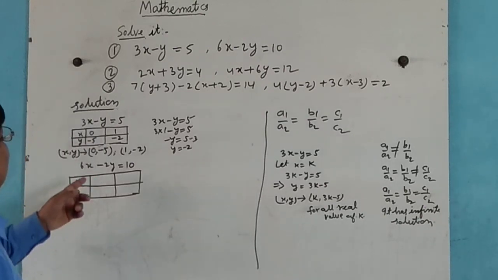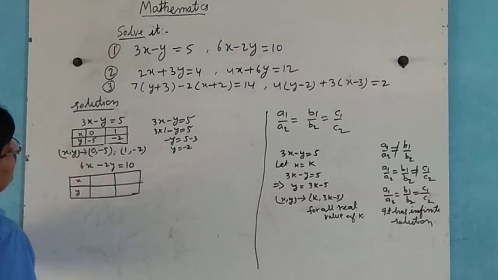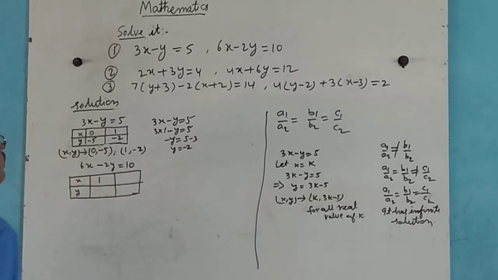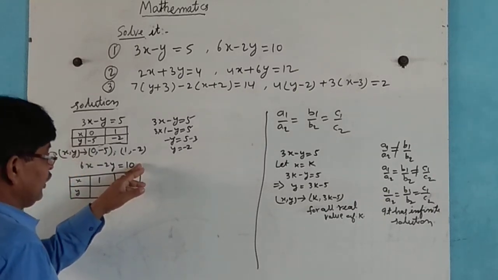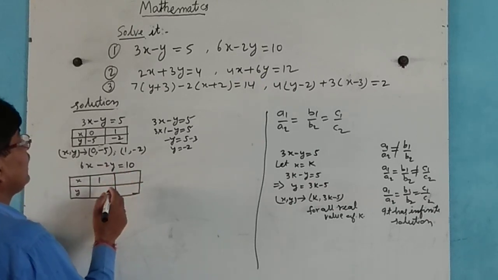If x is equal to 1, this is 6, 10 minus 6 is 4, divided by 2, so y is equal to minus 2.